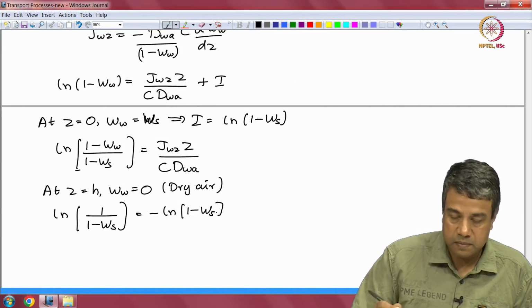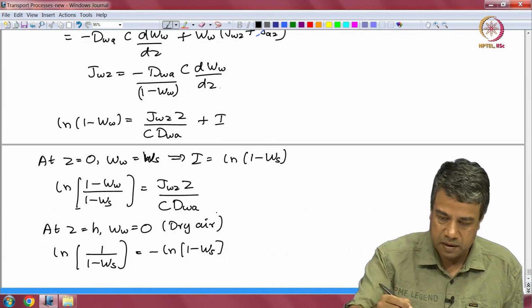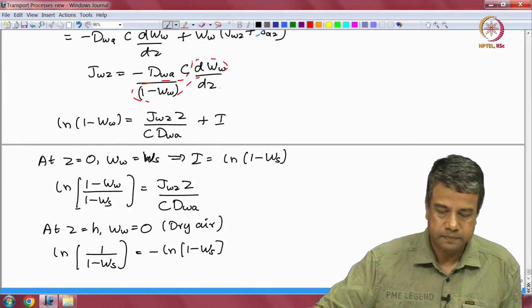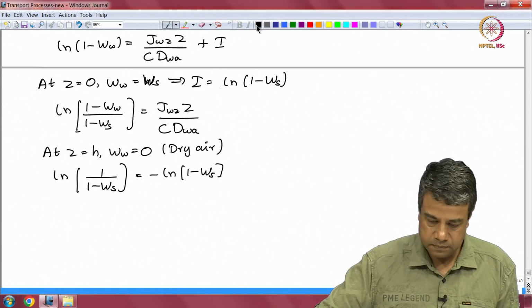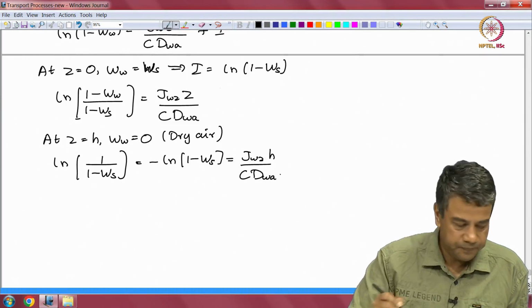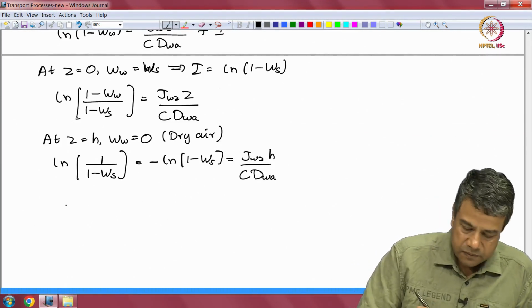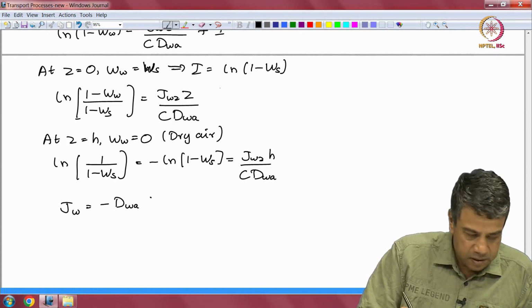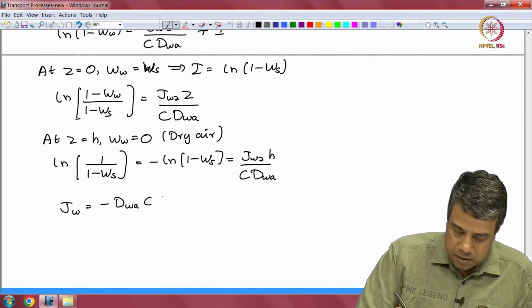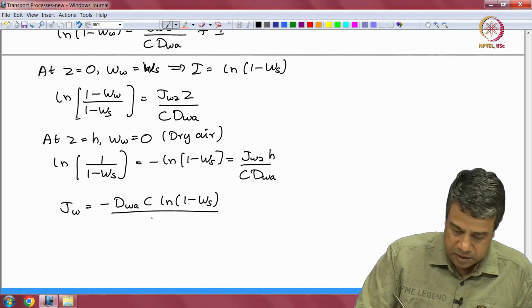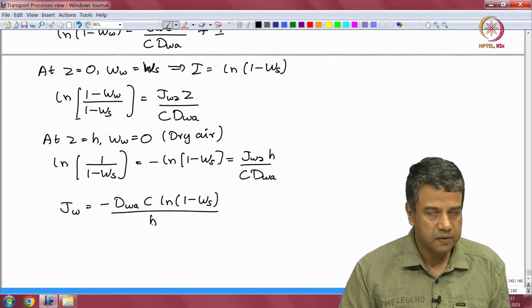Note that this is a natural logarithm you get by integrating 1 over WW. This has to be equal to JWZ H by C dWA. So, the flux I get will be equal to minus dWA C log of (1 minus Ws) by H, and I have to estimate these quantities.